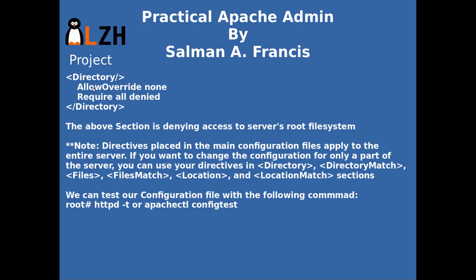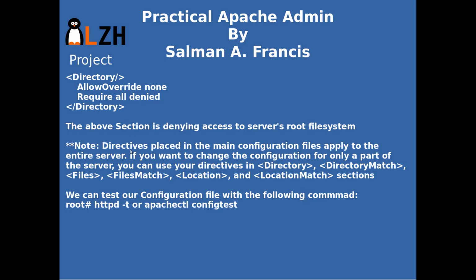AllowOverride None means it's basically for the .htaccess file. It's telling that no one should be allowed to override the settings, and everyone is denied access to this root directory or root file system.